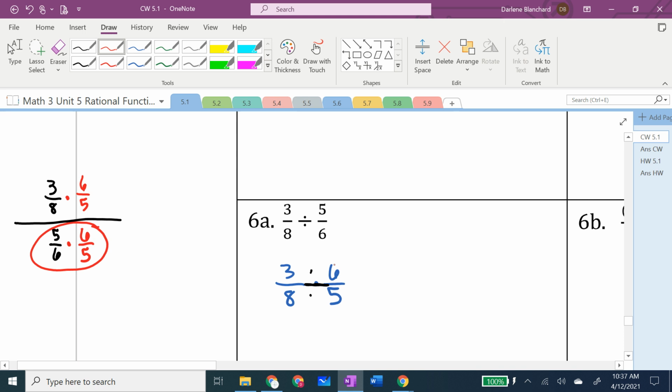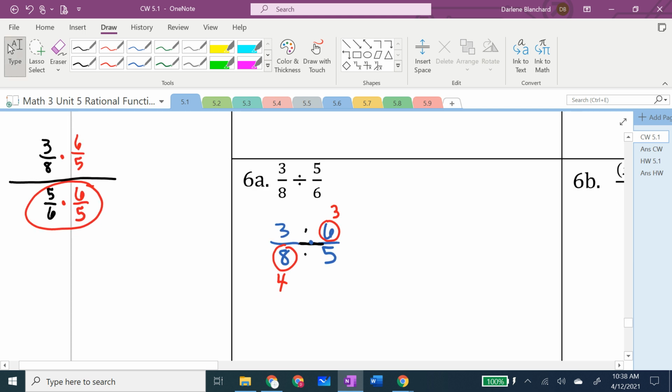So I can divide the 6 by a 2. I can divide the 8 by a 2. And you can only cancel something in the numerator with something in the denominator, so nothing more can be done. Now I have less to deal with. 3 times 3, 4 times 5, done.